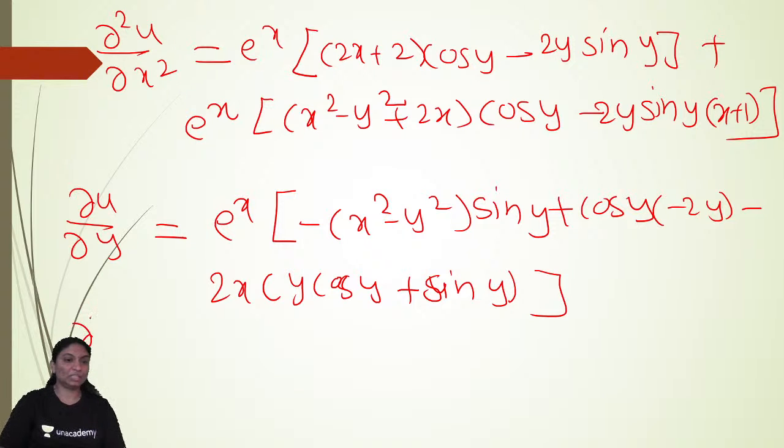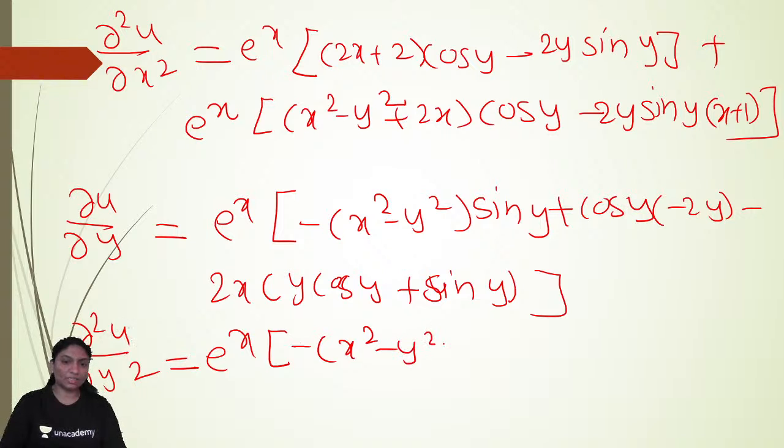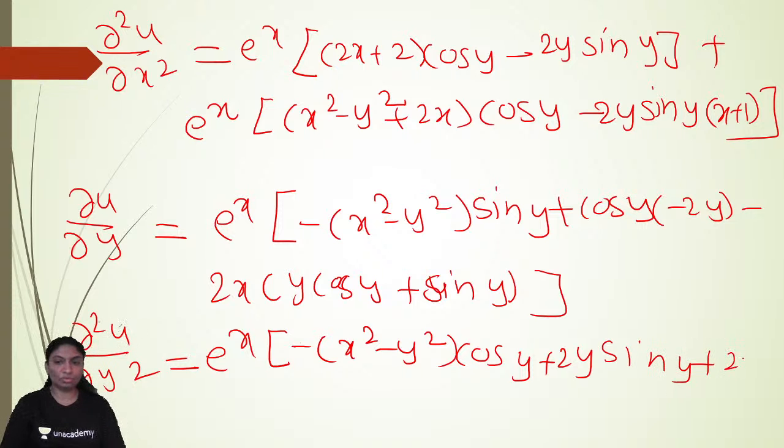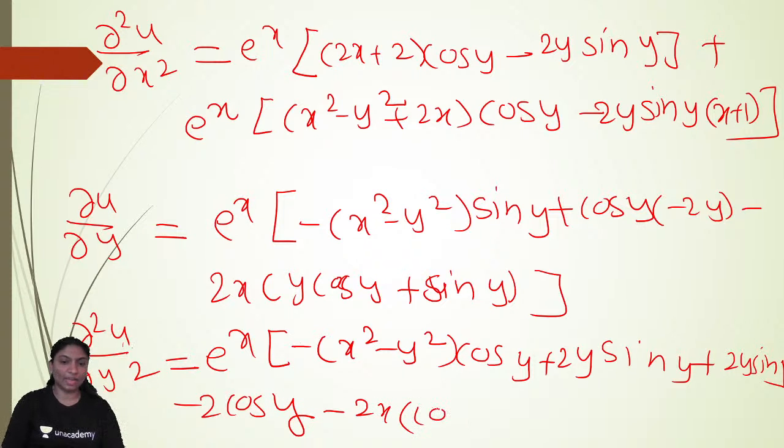Okay. So ∂²u/∂y² is equal to e^x into bracket, you will get minus of (x² minus y²) into cos y plus 2y sin y plus 2y sin y minus 2 cos y minus 2x into (cos y minus y sin y) plus cos y plus cos y.